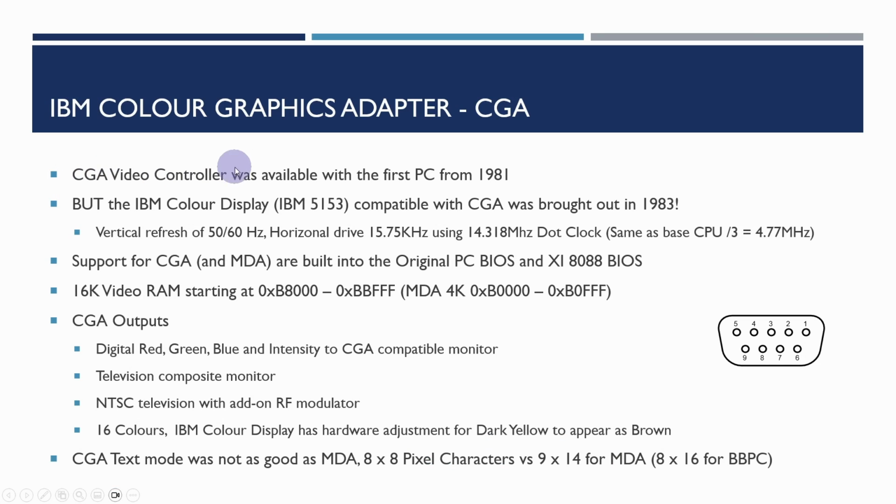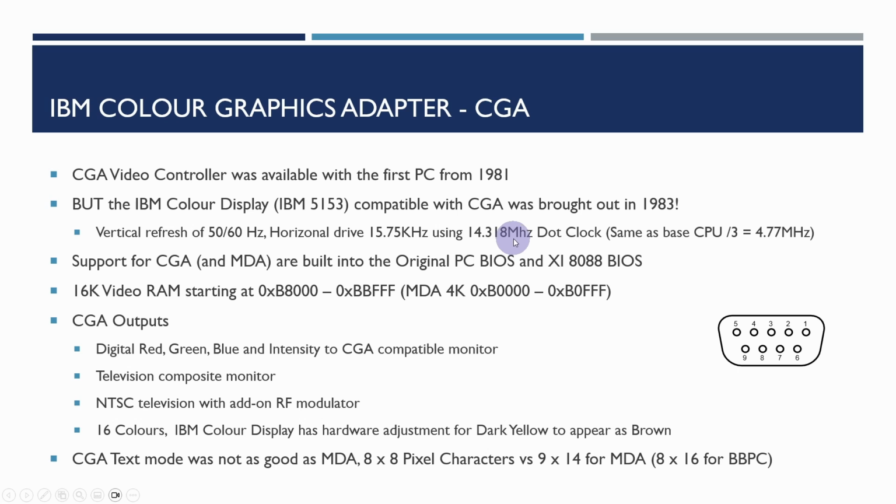So the CGA video controller was available with the first PC from about 1981. But unusually the IBM Colour display, known as the 5153, which was compatible with CGA, was only brought out in 1983. So you had to find alternative monitors for the first couple of years if you had an early PC. Now the monitor works with a vertical refresh of 50 or 60 Hertz, and its horizontal sync frequency is 15.75 kilohertz, and it makes use of the 14.318 megahertz dot clock.